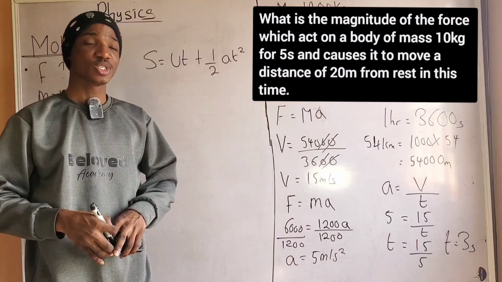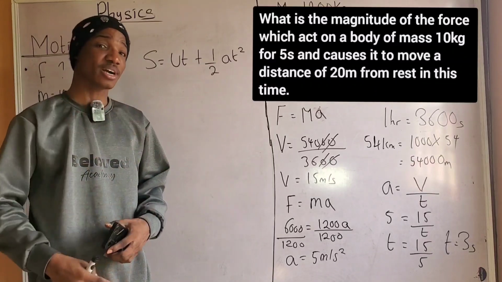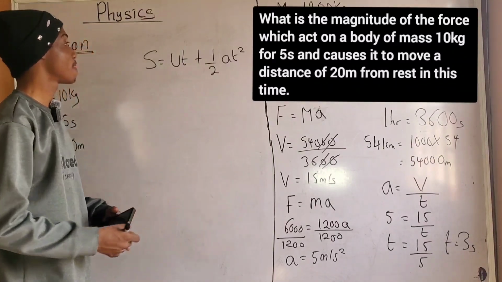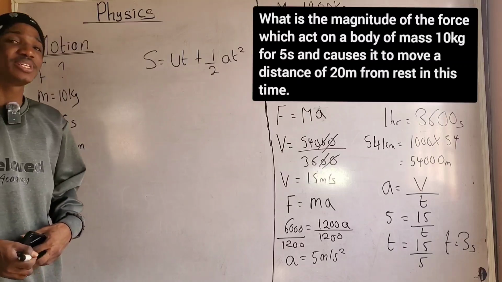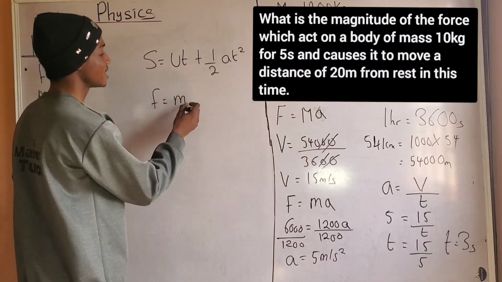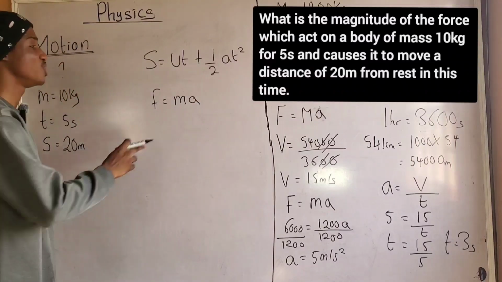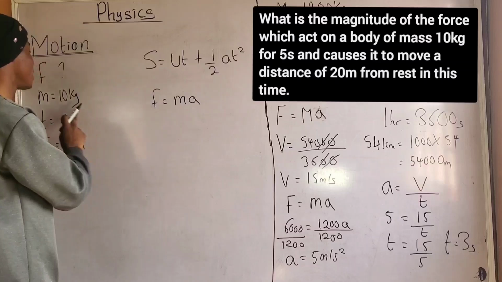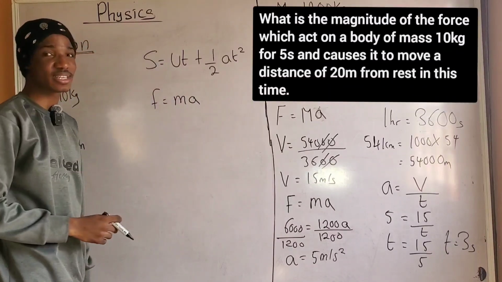You're going to see how they come about this equation. There are about 4 of them. So now, from this equation, we are going to get the acceleration. Why do we need the acceleration? Since we know that force is the product of mass and acceleration, we cannot calculate the force acting on the object without knowing the acceleration, even though we've been given the mass as 10 kilograms.